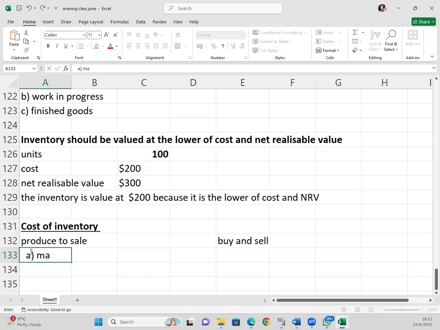That is the material, we can say the direct cost of production, and the factory overheads associated with the production. We can just say indirect costs of production.